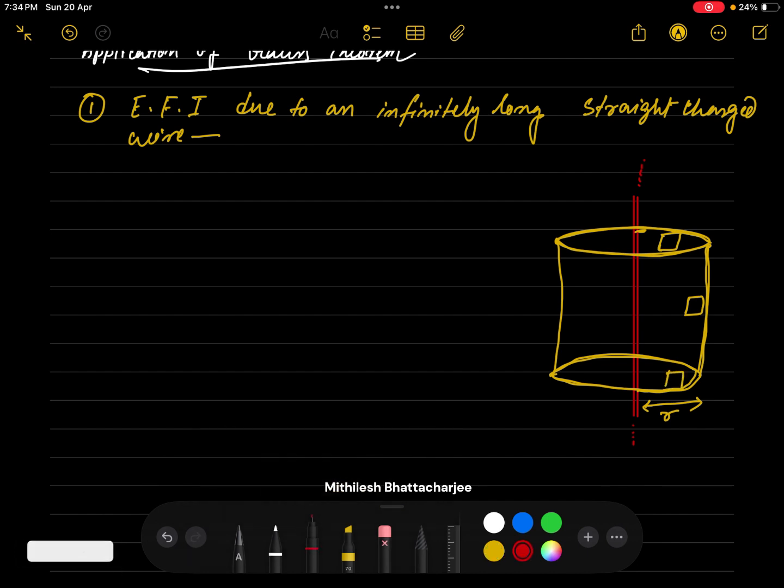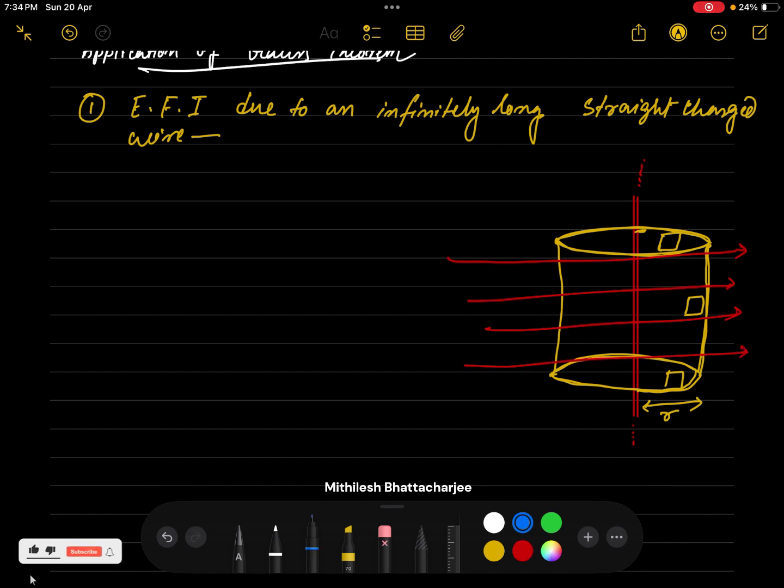And the electric fields are this way. Now we consider the three small surfaces of this cylindrical shape. This is the first ds surface, this is the second ds surface, and this is the third ds surface.